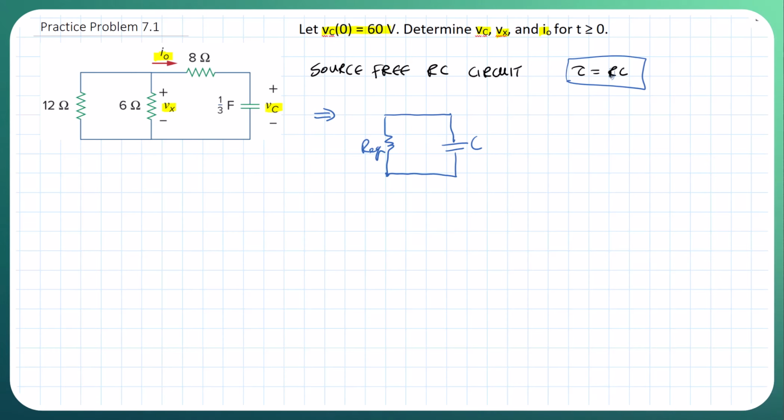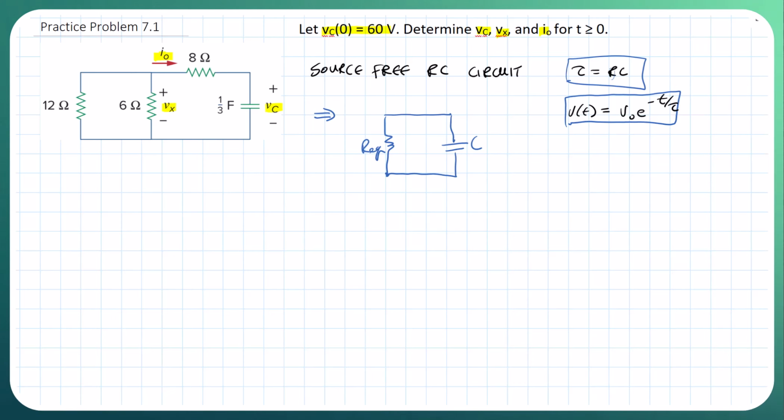If we can come up with that, then we can solve for our voltages. A couple of things you want to remind yourselves of: tau equals RC when you have an RC circuit, and V(t) is equal to V_0 e to the minus t over tau. That's given, so let's keep that on the side because we're going to use it.